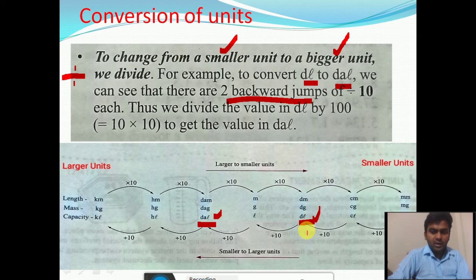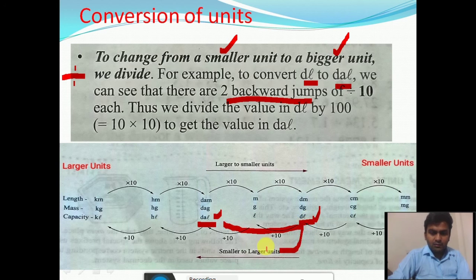You are moving from smaller unit to larger unit, from right to left. So smaller unit to larger unit, we divide. Now by which number do you have to divide? Count the number of jumps.